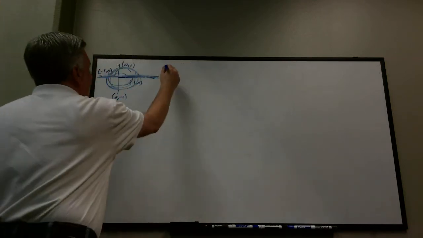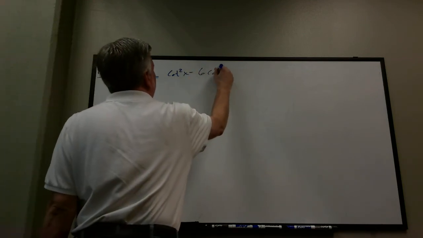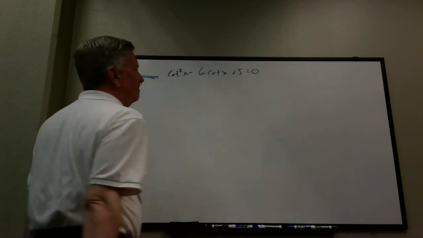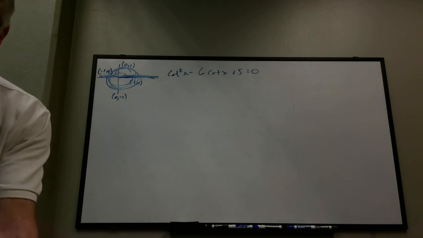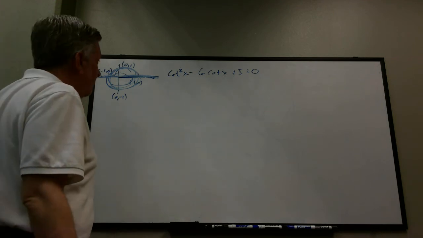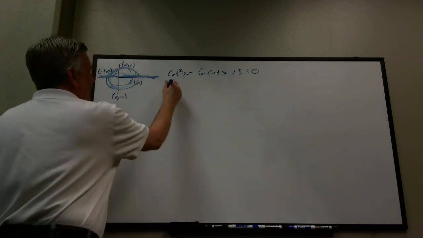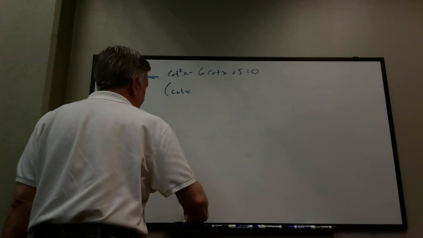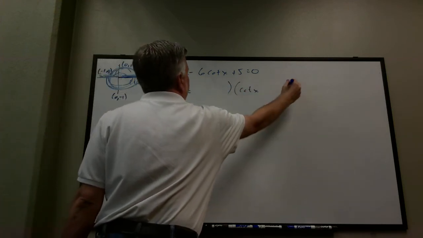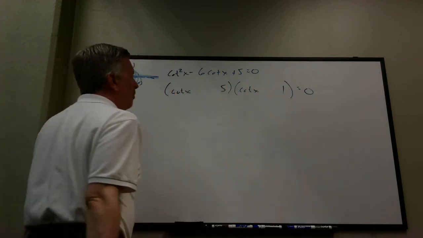Okay, the next one says cotan squared x minus 6 cotan x plus 5 is 0. And again, it just says solve the equation. It doesn't say just from 0 to 2 pi. Okay, so this is a quadratic equation in cotan x, so I think I'll try to factor. Factors of 5: 5 is prime, so factors of 5 are 5 and 1.